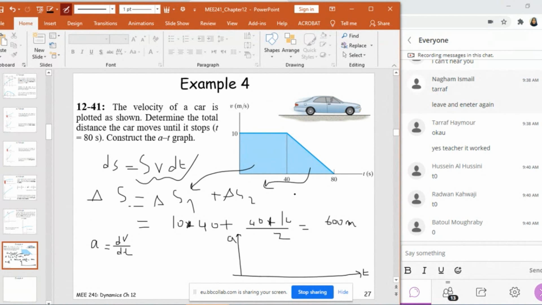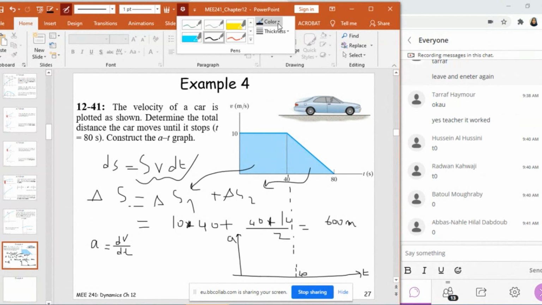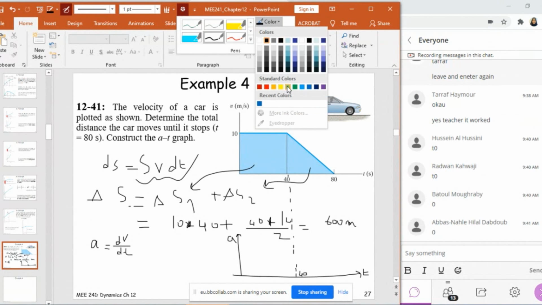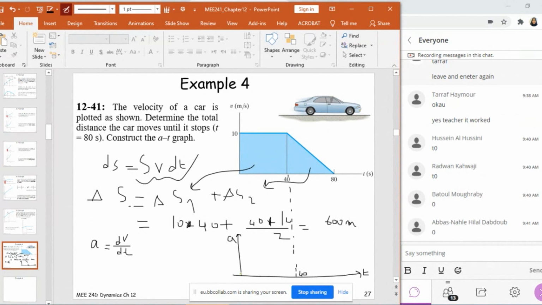Okay, so guys, in the first part, when t is between 0 and 40, what is A? Who can tell? A is 0, perfect, because V is constant. So A is 0 here. And then in the second part, guys, what do you think?